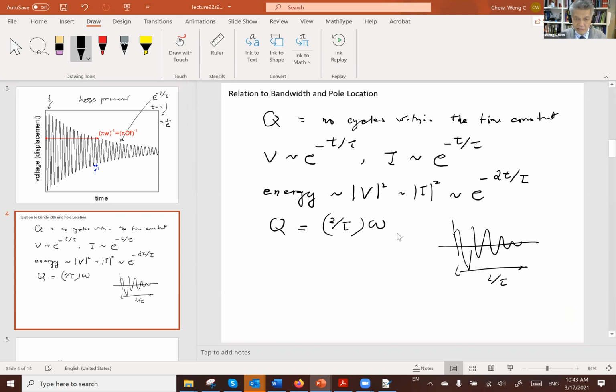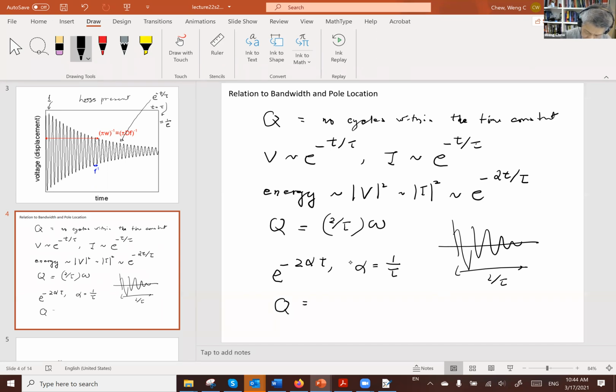So Q is counted as this number, and then you can actually write Q in another way, which is that you can define the decay constant, such that this thing decays as e to the minus 2 alpha t, and then alpha would be 1 over tau. Alpha is the decay constant. Then Q can also be written in terms of alpha.